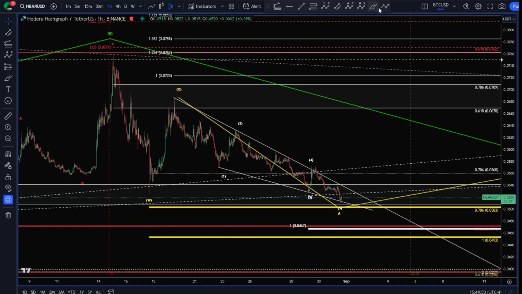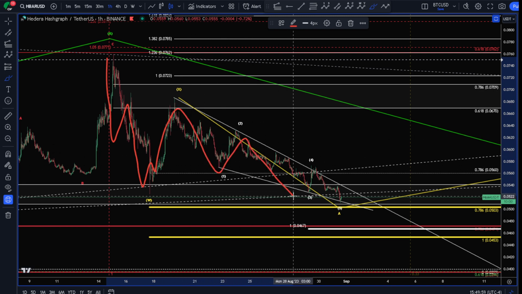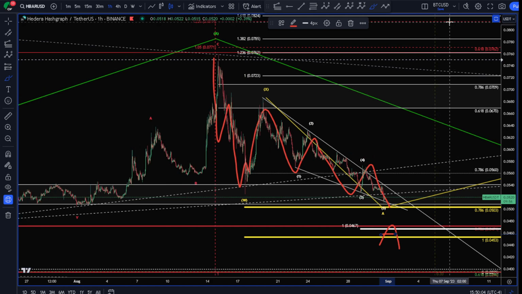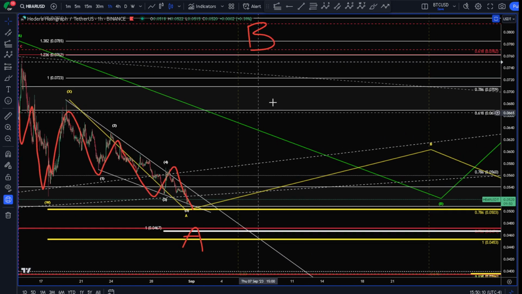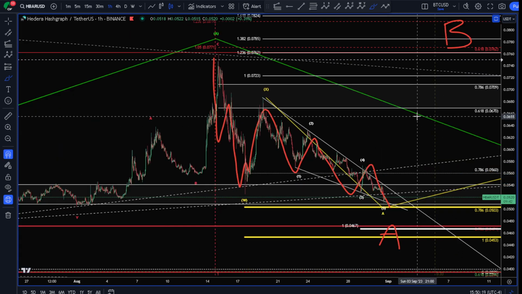And what that looks like is we have 3, 3, and 5 waves down here, which can be our A wave of a larger flat, where our B comes up here. You know, I've been looking for this move for a long time. And our C wave down to here, that's our B in blue, before making our move up to 10 to 11 cents.